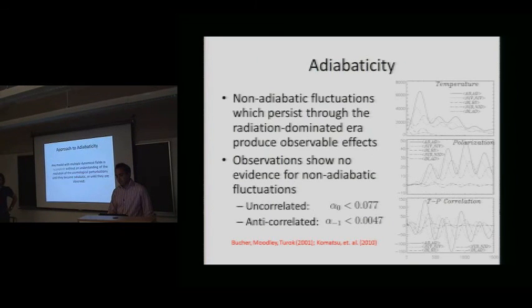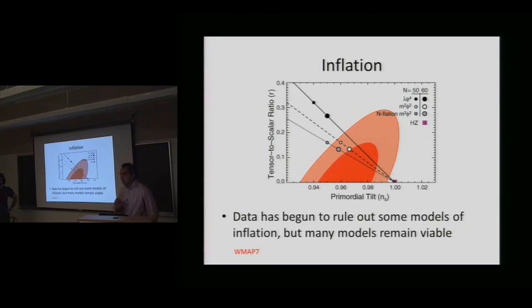So are you asking about the consistency relation which holds for tensors, the actual slope of the tensor? So instead of the spectral tilt for the scalars, you look at the spectral tilt of the tensors. Exactly. And there's a consistency relation between that and the amplitude of the tensors.